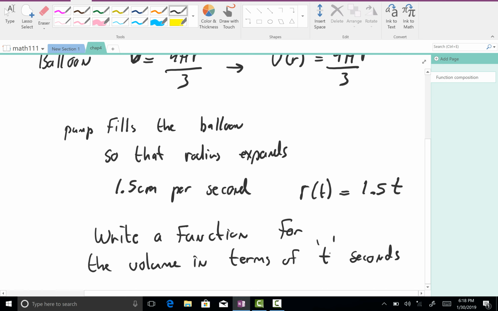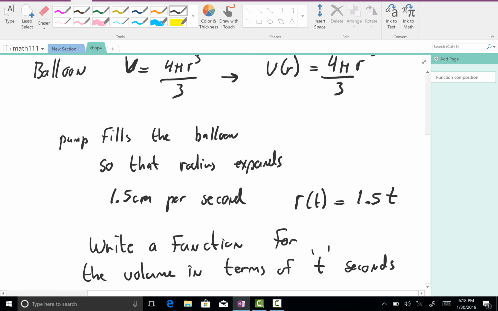Right now, our volume is written in terms of r, 4 pi r cubed divided by 3. But we want to write it in terms of t, so we can get an idea of how long it is going to take to get to a certain amount of volume. Maybe I kind of know what it's going to be, so I don't want to break all these balloons. If I get to a certain amount of volume, I know to stop it.